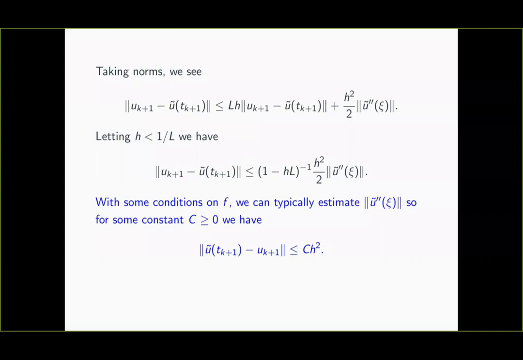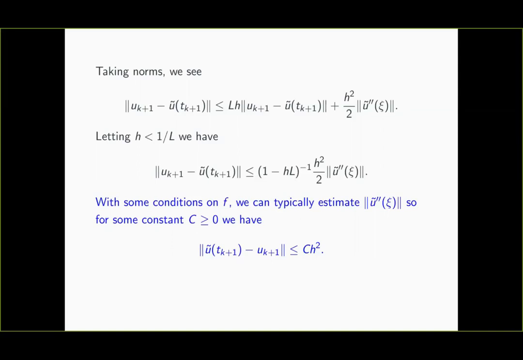Namely, the Euclidean norm of u_{k+1} minus u tilde at time t_{k+1} is bounded from above by the inverse of 1 minus hL, times h squared over 2, times the Euclidean norm of u tilde prime prime of xi. Now if we pick h small, then we can bound the term 1 minus hL to the inverse from above.